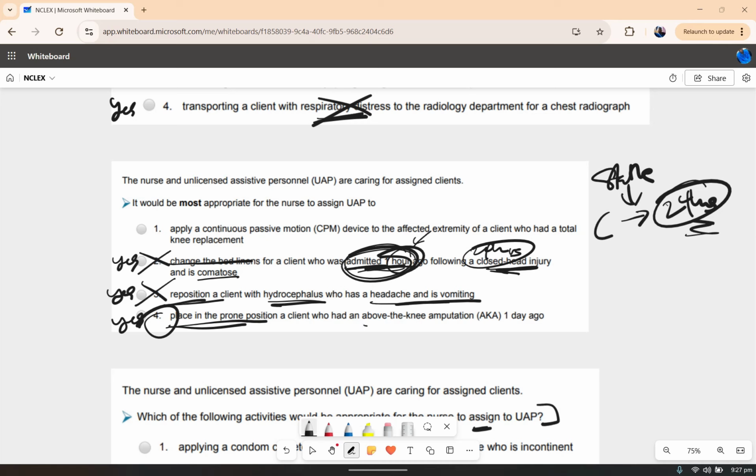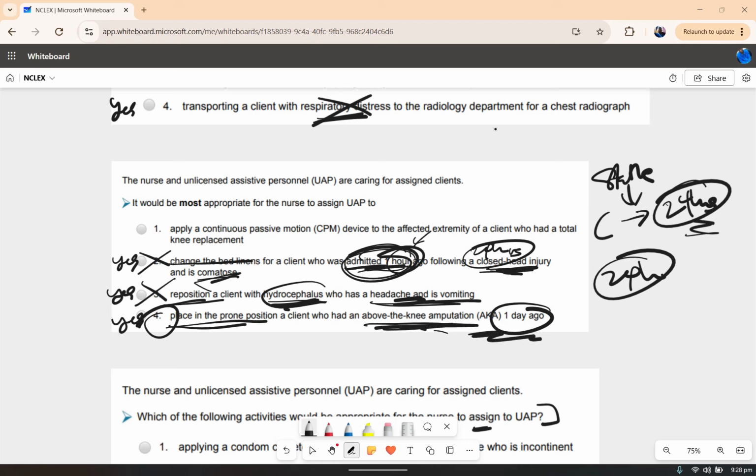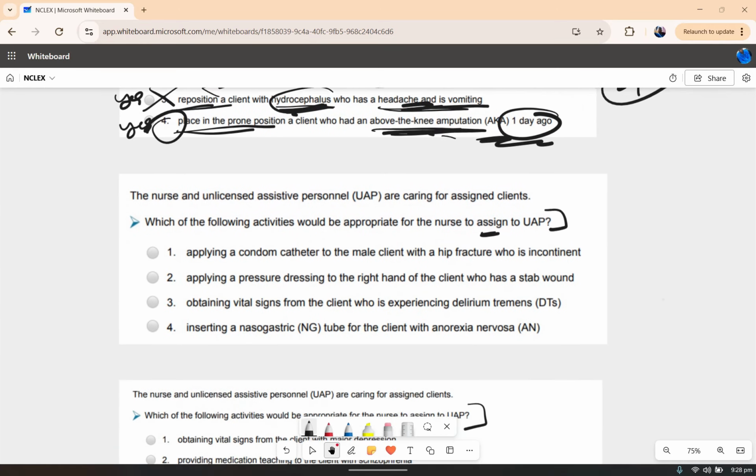So the patient is not stable. But look at this patient, above the knee amputation, and this was 1 day ago, that is 24 hours. And they don't have any complaint. Unlike this patient, this is their condition and this is their complaint. Newly admitted and see what they presented with to the unit. But this patient with above the knee amputation has no complaint. So obviously number 4 is stable, and that's the patient you should assign to the UAP.